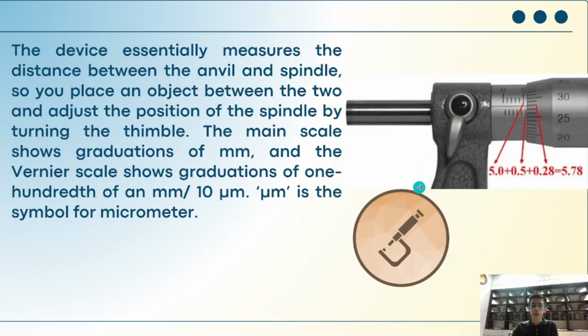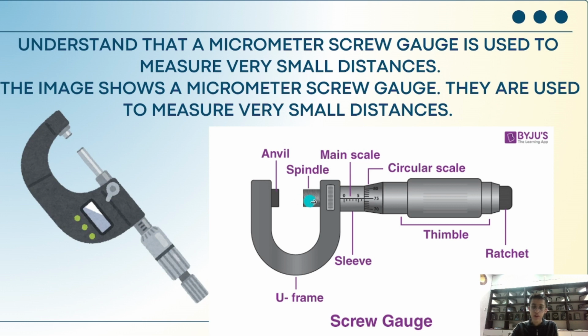So you place an object between the two and adjust the position of the spindle by turning the thimble. We will put it and rotate the thimble, and if there is less space, we will rotate this ratchet and it will click.